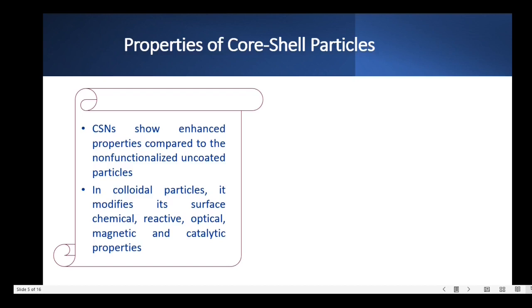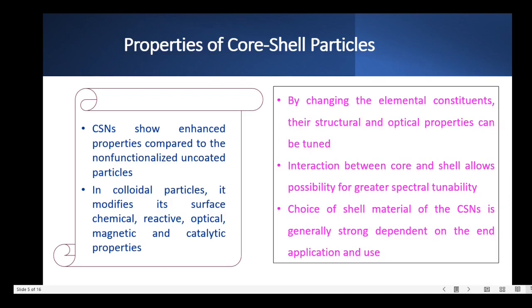Specifically in colloidal particle systems, it modifies the surface chemistry and thus the core-shell nanostructures show enhanced properties compared to the non-functionalized uncoated particles. Also, by changing the elemental constituents, their structural and optical properties can be tuned. The interaction between the core and the shell allows the possibility of greater spectral tunability from the ultraviolet region through visible to near infrared region.